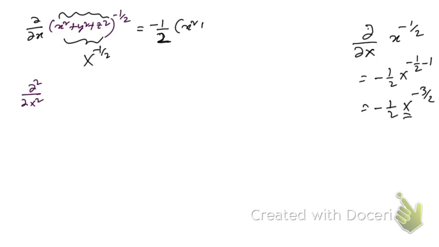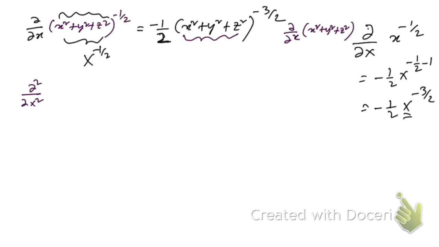So it's minus half times x square plus y square plus z square whole to the power minus 3 by 2. Now this is not x, so it is a function of a function. Again we need to differentiate the term within the bracket. If you differentiate x square plus y square plus z square, as we are differentiating partially with respect to x, we're going to take y and z as constants. If you take it that way, then what are you going to have? Now let me clean this a little bit.